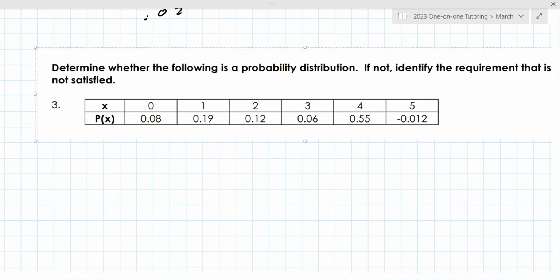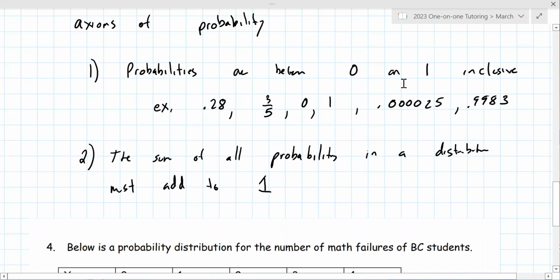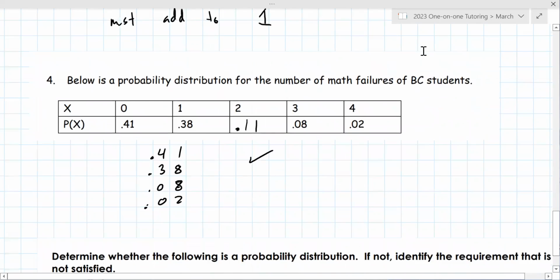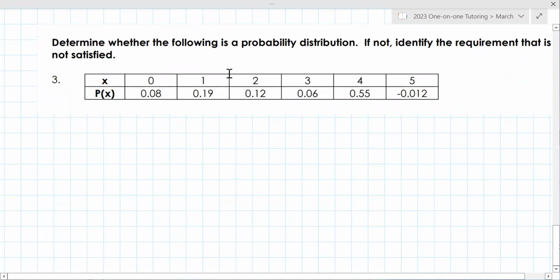That's one of the axioms, right? What's the first axiom, though? Oh, it's between 0 and 1. So it can't be because there's a negative. That's right. Good. Okay. So this one is not.